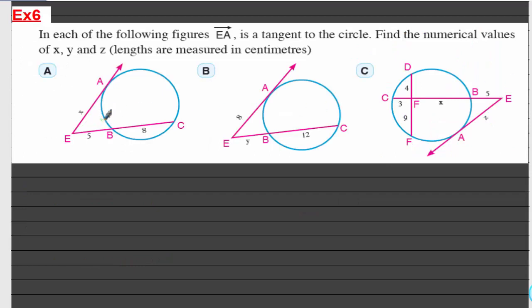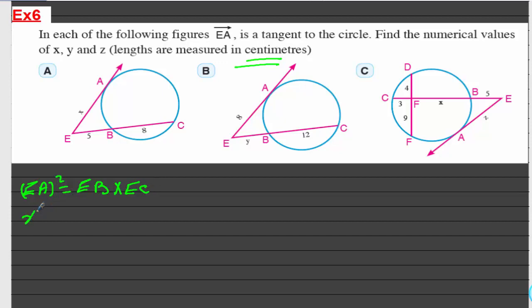In each of the following figures, we have EA as a tangent to the circle. Find the numerical values of X, Y, and Z in centimeters. In the first figure here, we have EA power 2 equals EB multiply EC.